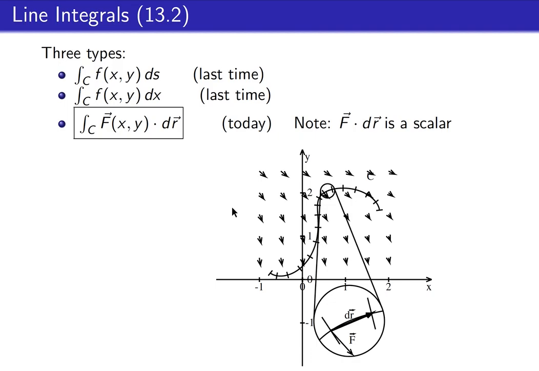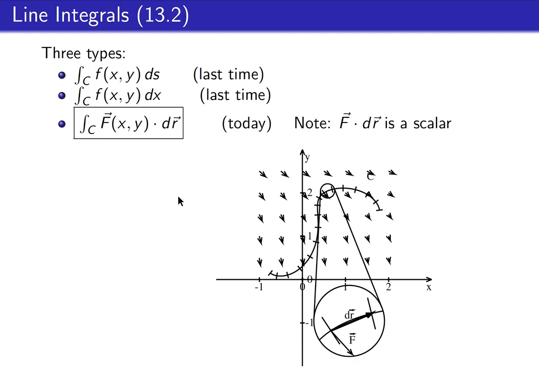By the way, this is not going to be the area or volume of anything. Remember when you first learned about integrals in calculus 1, you were told that this was the area under a curve, and I've been trying to encourage you to get rid of that notion. The integral of F dot dr really is not an area or volume of anything.